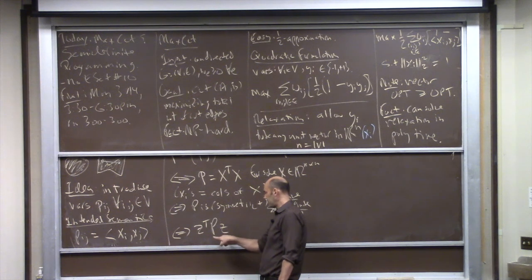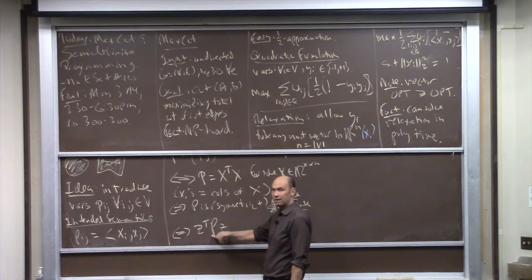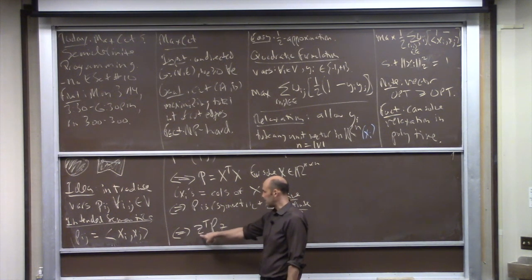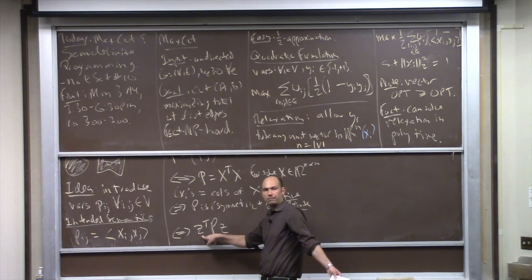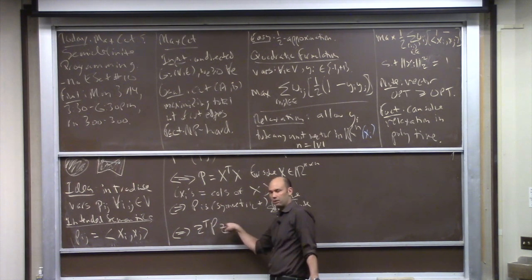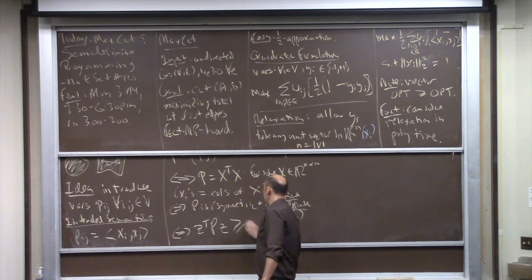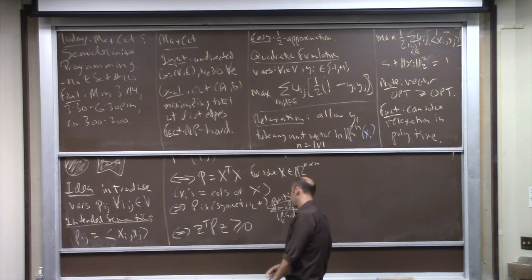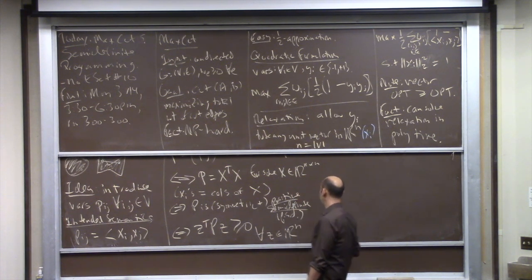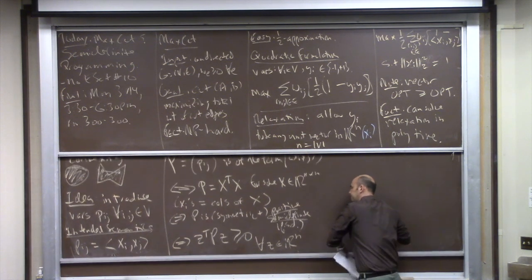If you think about it, you multiply P times Z, you get a vector. Then you multiply that by another vector, and you get back a real-valued number, a scalar, called the quadratic form. So P is PSD if and only if Z transpose PZ is non-negative for all possible so-called test vectors Z.